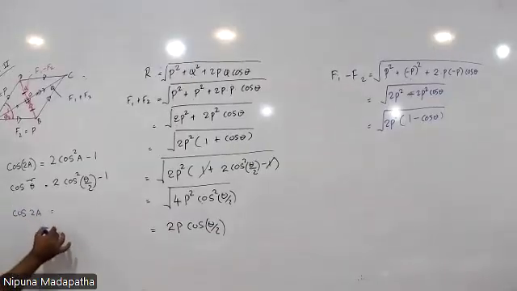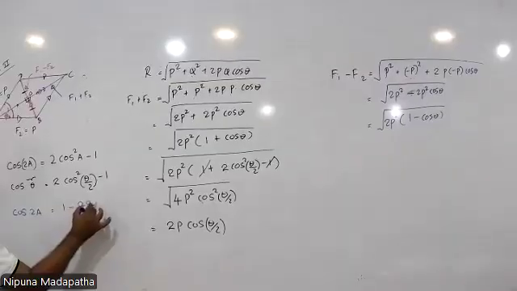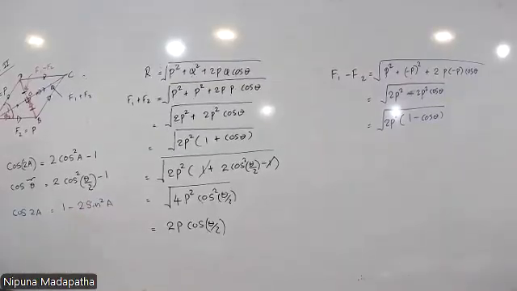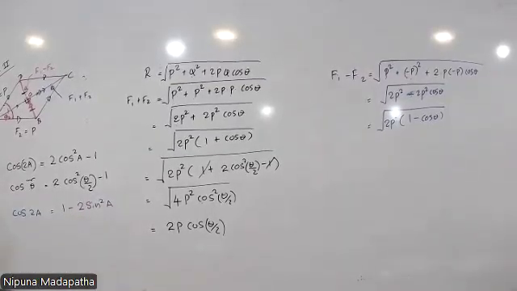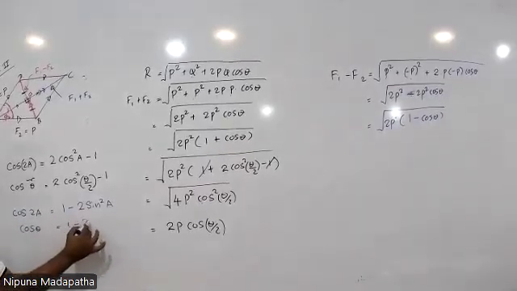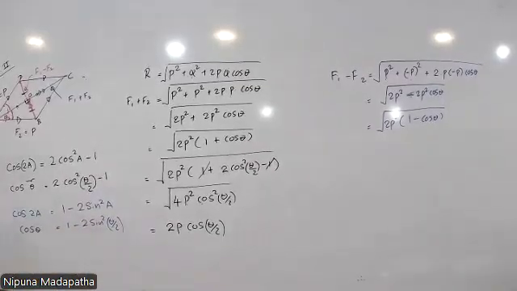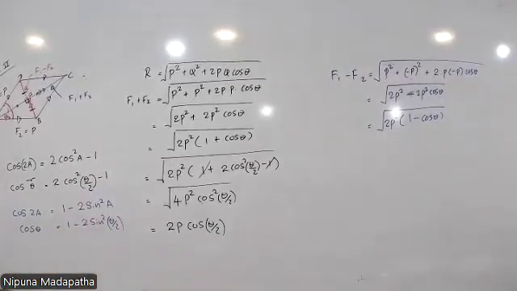Cos 2a is 1 minus 2 sin squared a. So therefore cos theta is 1 minus 2 sin squared theta over 2. Right? So replace cos theta by this.